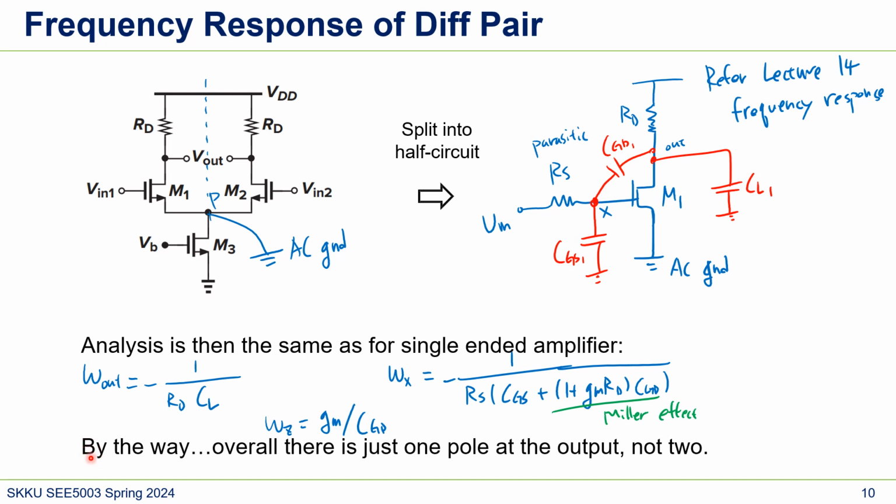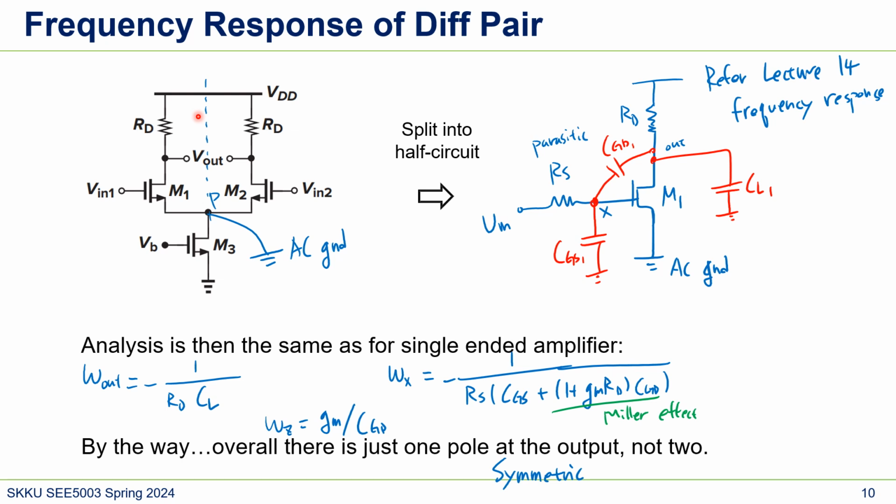And the next sentence means that, overall, there is just one pole at the output, not two. When we see this circuit, we have two nodes at the output, but we only consider this one single node. Why? Because they are symmetric.